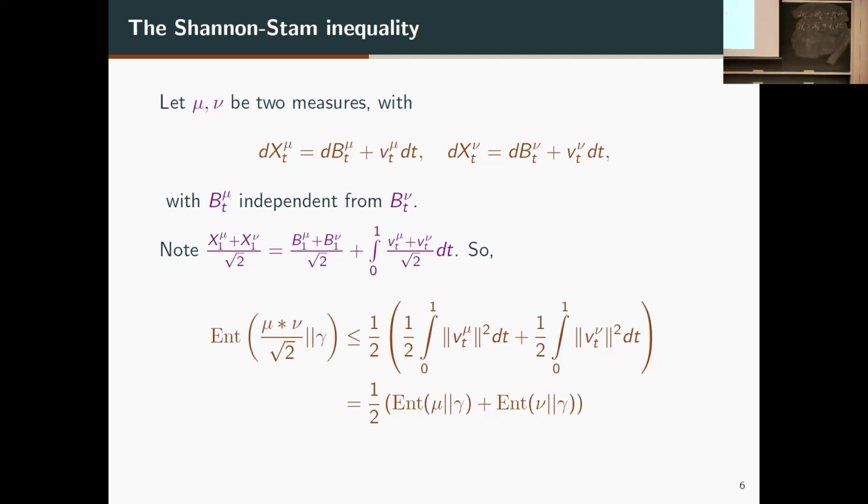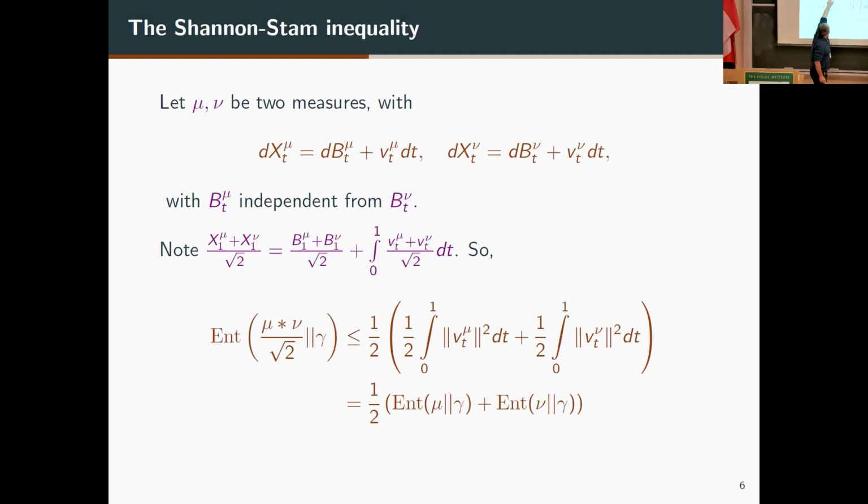So the best thing we can do with independent processes or independent variables is convolve them, right? In that case, we can take X1, which has the law of mu at time 1, and Y1, with the law of nu at time 1. They're independent, we can convolve them, take their normalized sum.